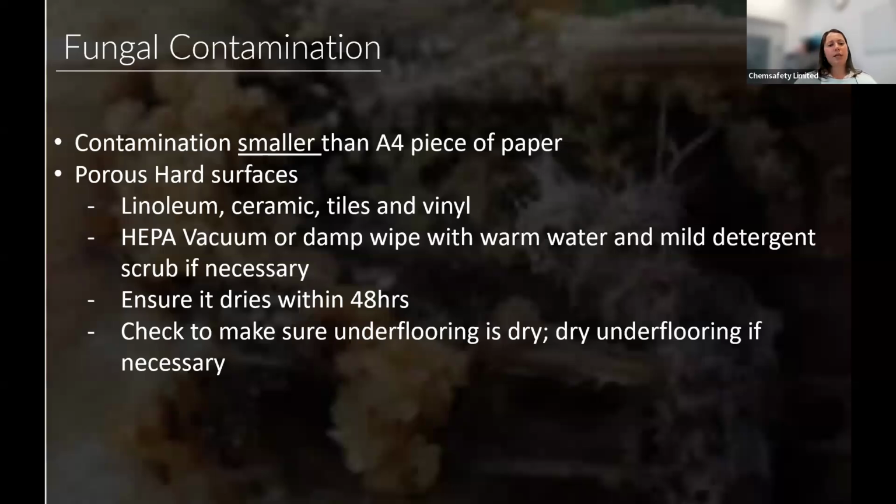When we've cleaned, we need to make sure that the area that we've cleaned is dried within 48 hours. And we also need to make sure that where we've wetted an area, for example vinyl, the water hasn't seeped in underneath it.